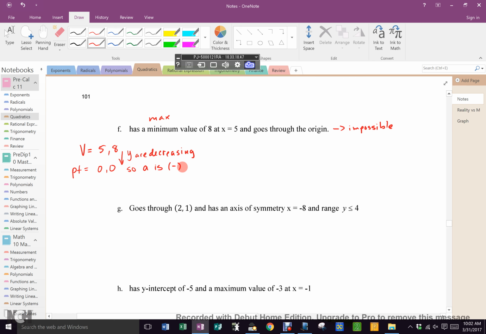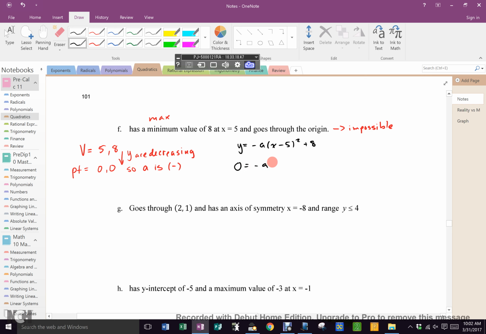Negative. Now can I do this? So what would it be? y equals negative a, x minus 5 squared plus 8. And then I would work it through. What would go in for the y and the x? 0, 0.